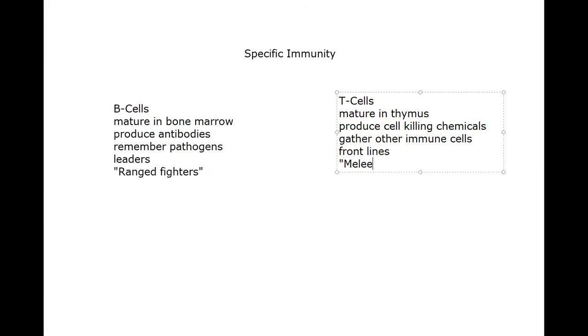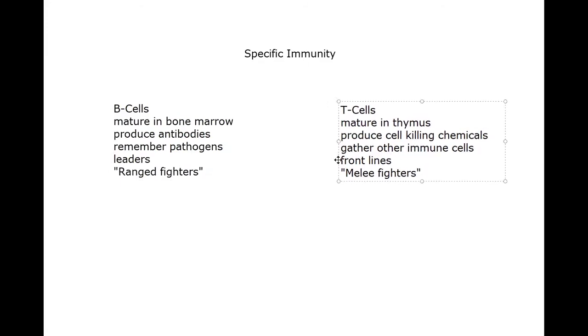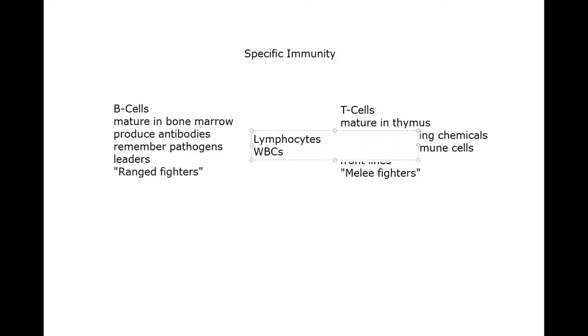And so I call them the melee fighters because you can think of T cells as literally up in the front punching things. How are they similar? Well, both of these fall into the category of lymphocytes, which was a category of white blood cells. So they're very similar, and they're both part of the specific immunity. That is really the biggest part of specific immunity and how that works.